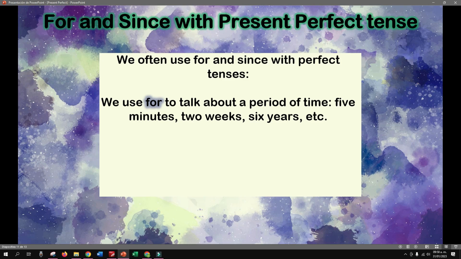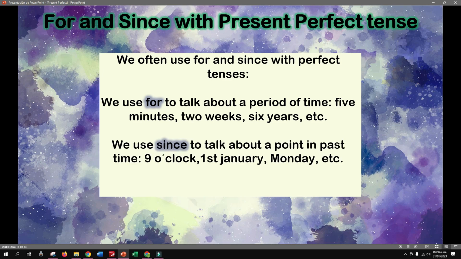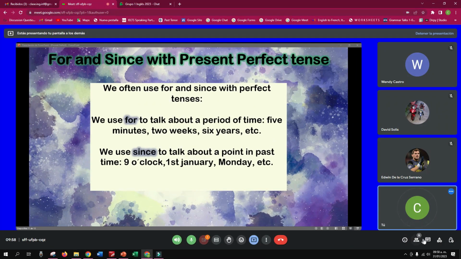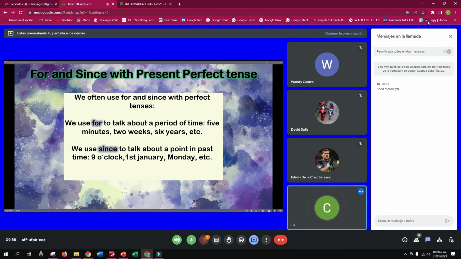You are going to use the word for. And since to talk about a point in the past.